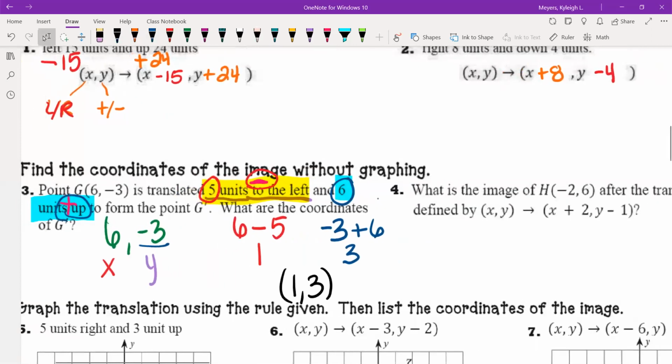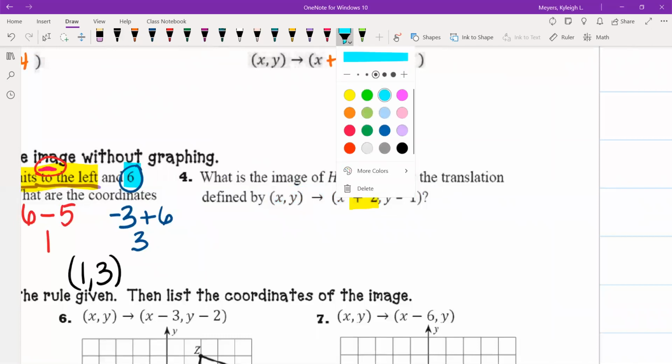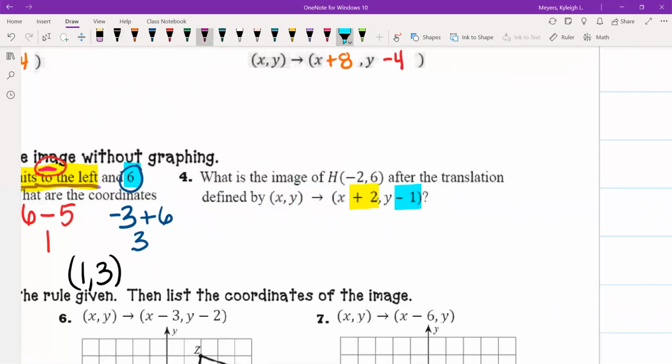Okay. So it could be written out like that, or it could be written like this. Here it is in coordinate notation. We have a +2 here and a -1. Remember, a +2 means you're going to the right 2, and a -1 means you're going down 1.